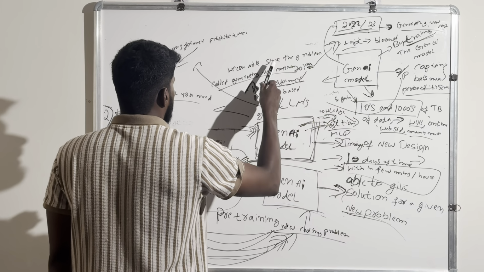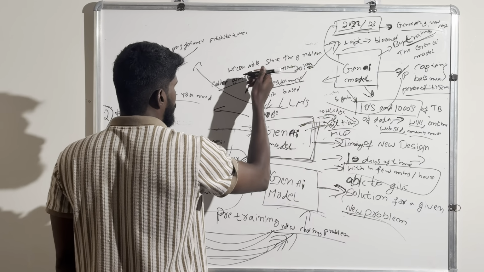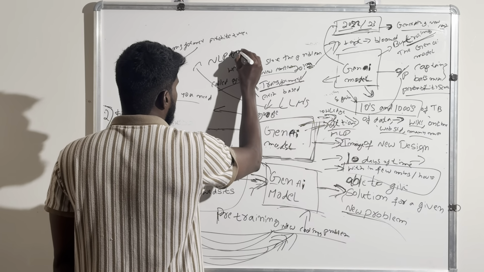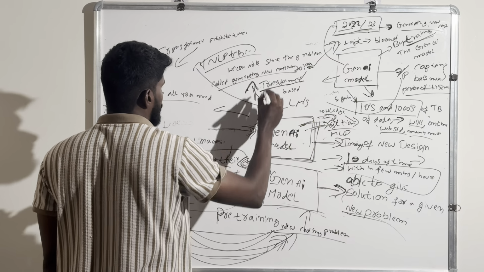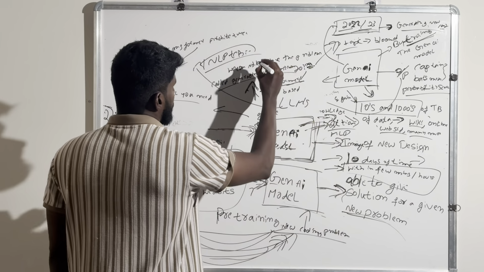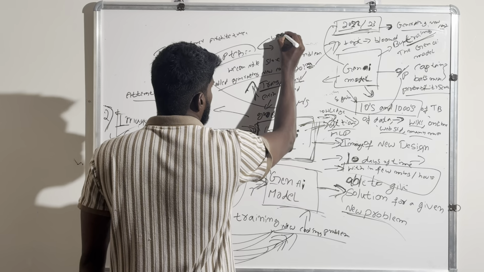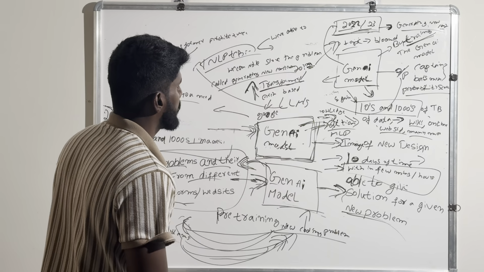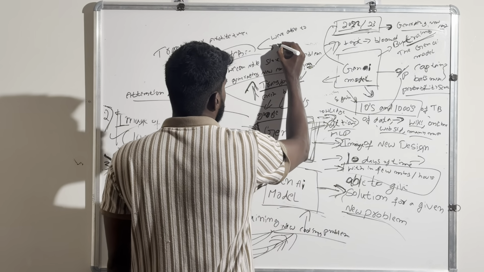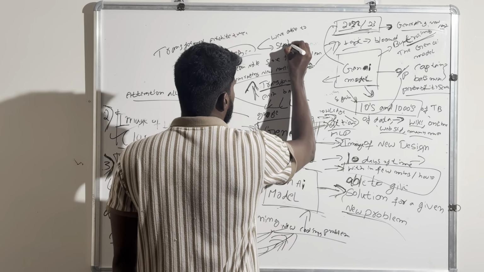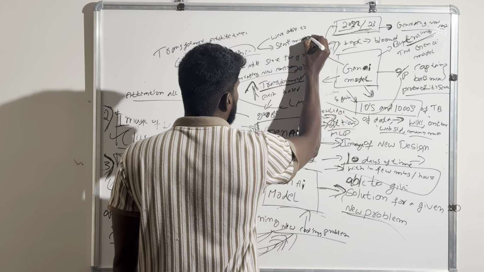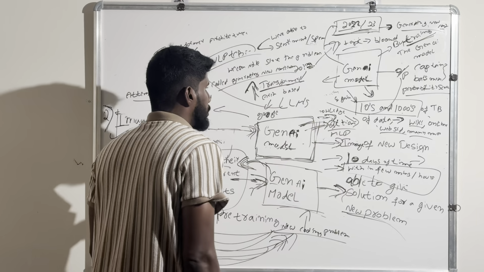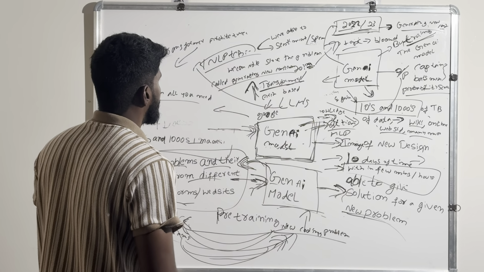Before these things came, there were different NLP techniques, in the sense natural language processing techniques. These techniques were able to solve classical problem statements like sentiment analysis and spam detection, but they couldn't solve problems like generating new content.